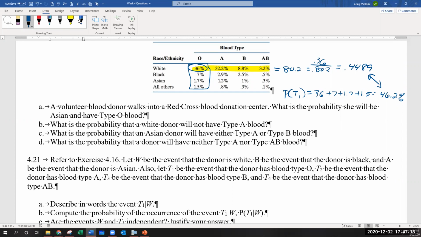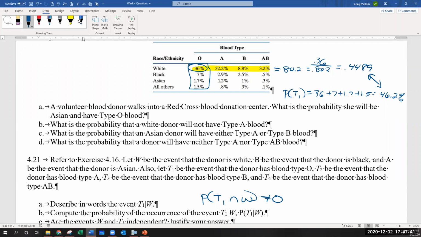So if you take the probability of T1 and, this means and, being white, so the intersection of those two, and if that doesn't equal 0, then they are not mutually exclusive. The only way for them to be mutually exclusive is if they equal 0.